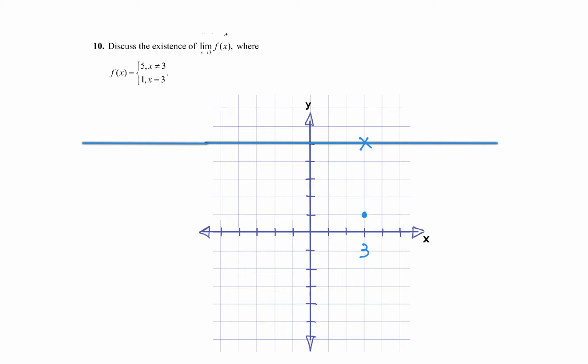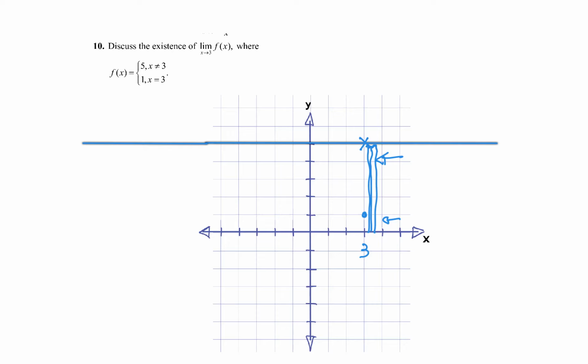Now, when I approach from the right, from 3 plus, what's the value that the function takes? If I approach from the right of 3, the value that the function takes is 5. If I approach, 5.